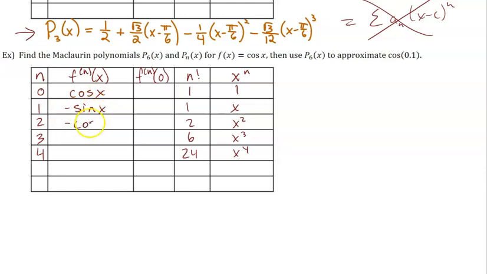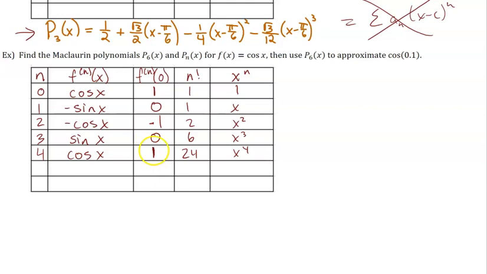Second derivative, negative cosine x. Third derivative, sine x, then cosine x, etc. I'll finish that in a minute if I need to. And now I'm plugging in 0, so we do need to know some trig. Cosine of 0 is 1. Negative sine of 0 is still 0. Negative cosine of 0 is negative 1. Sine of 0 is 0. Cosine is positive 1, etc.